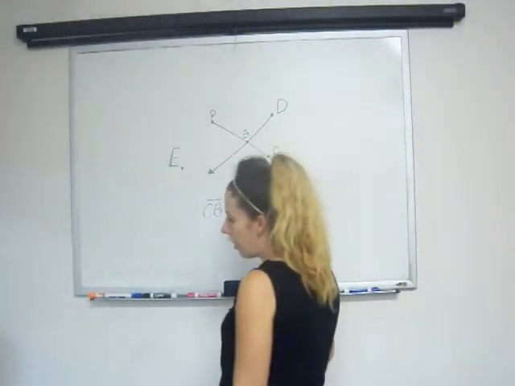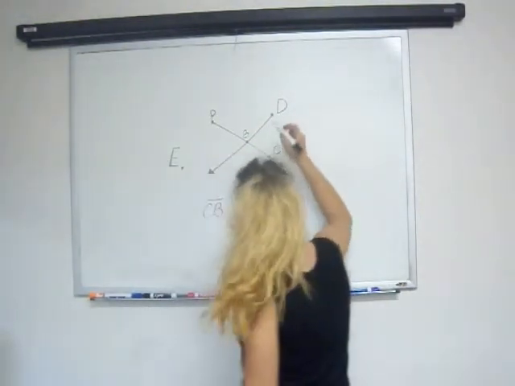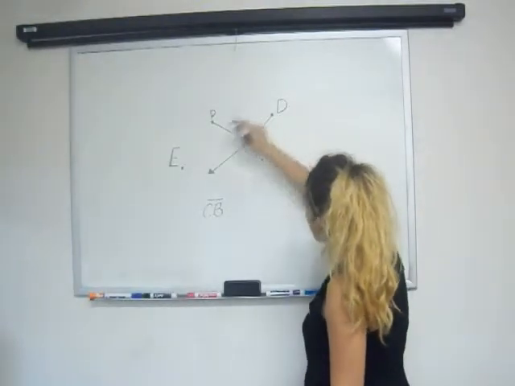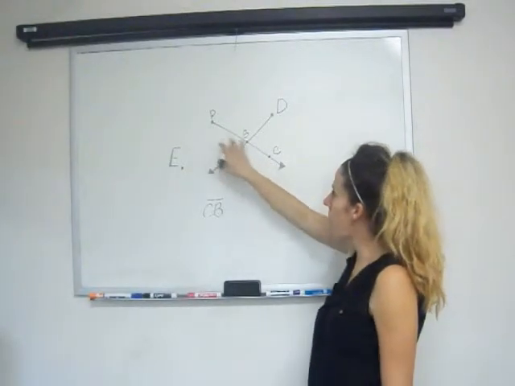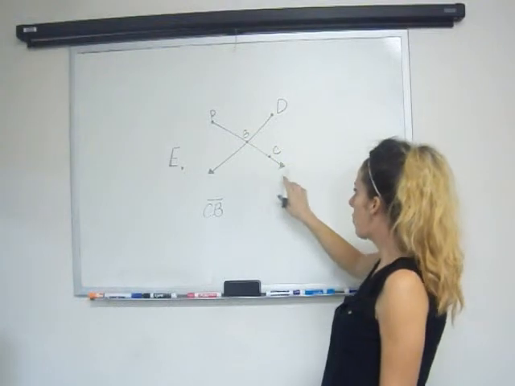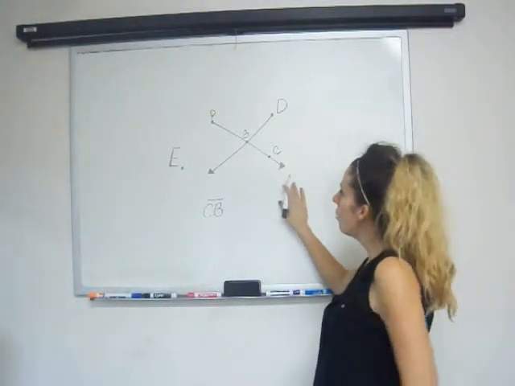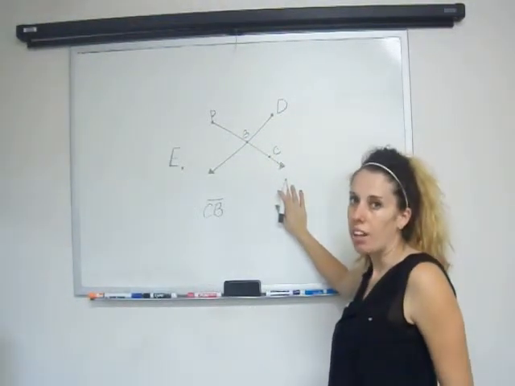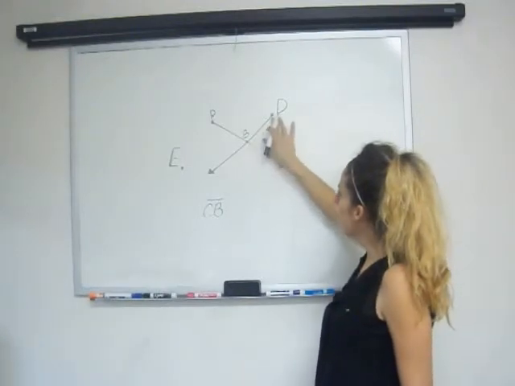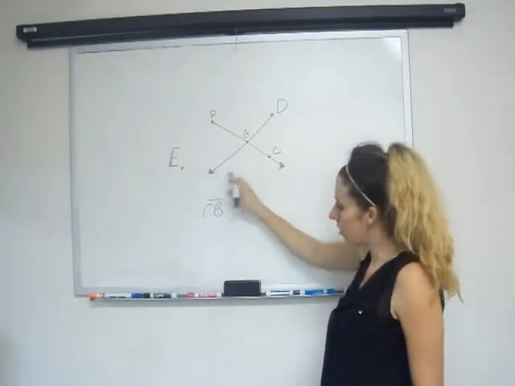And they tell us that PC is a ray. So we have PC and it's a ray, and it's because it continues on. So the other ray that I see is ray DB, and that's because it goes on and extends to here.